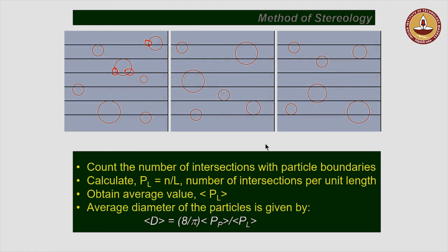and then I present another relationship whose foundations are based in stereology: the average diameter of these particles in the 2-dimensional image is the ratio of the point fraction that we had calculated in the previous slide divided by the number of intersections per unit length P_L, which was calculated here.